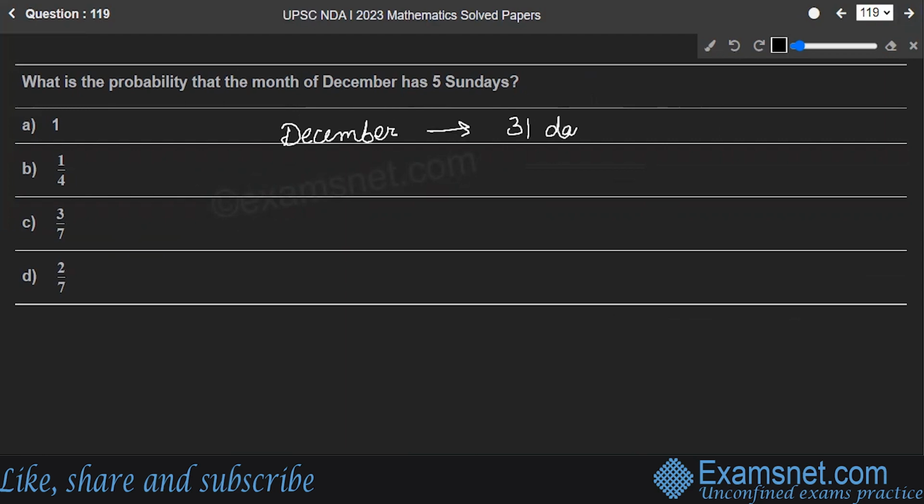That means 28 days make 4 weeks plus 3 extra days. Now, what can be the combination of these 3 days?